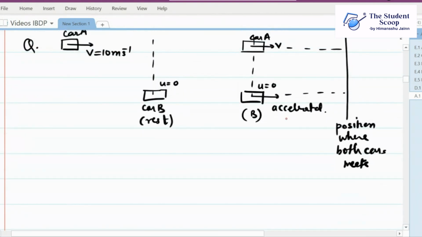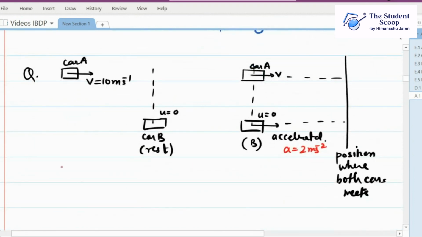Let the acceleration be, let's say, 2 meter per second square. Okay. So all the information is given. We have to calculate the time where both the cars meet.